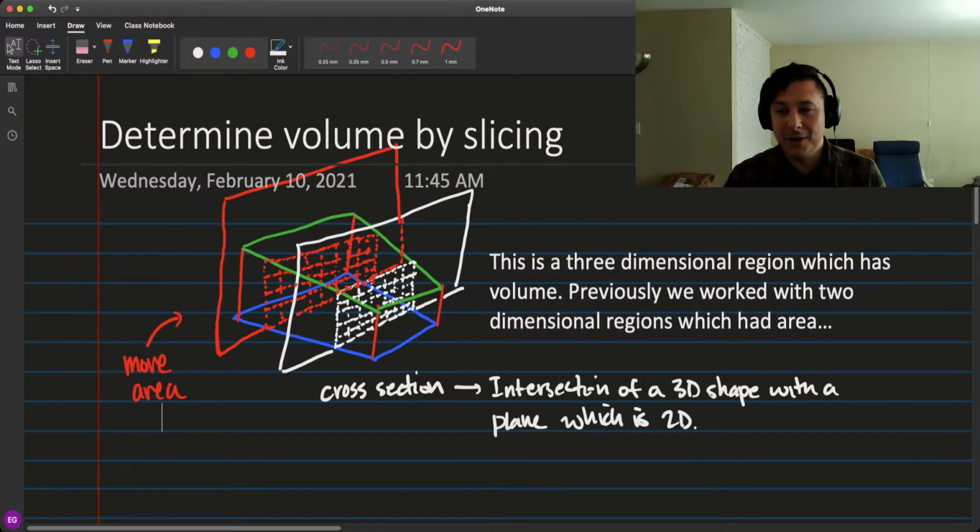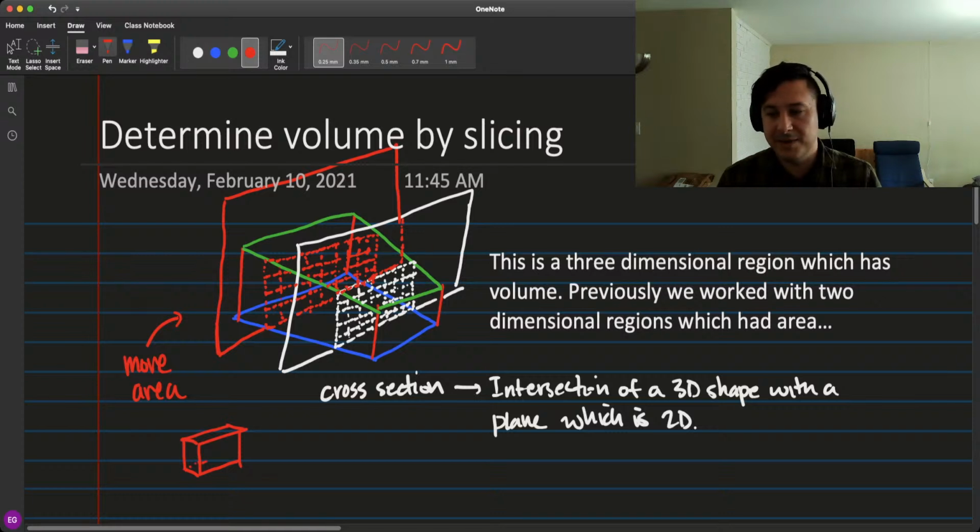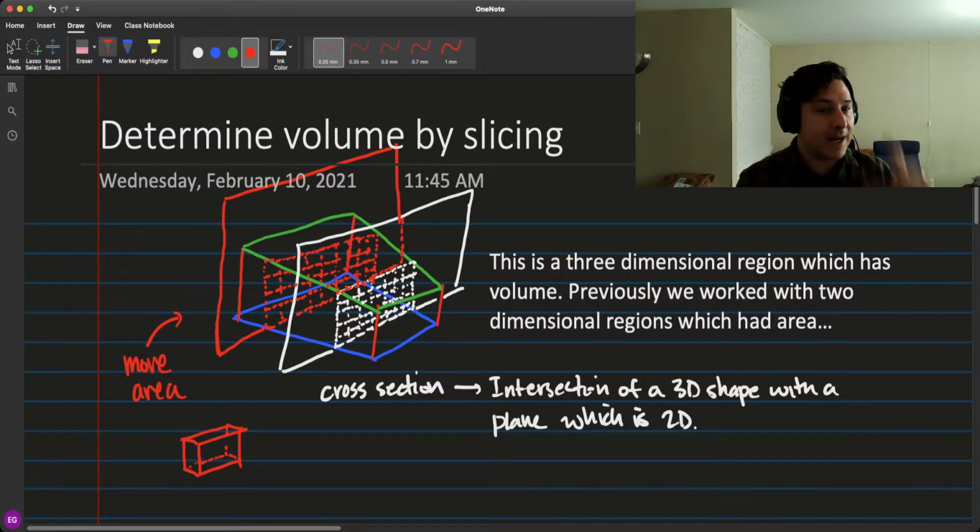Now, instead of adding together rectangles, we're going to add together rectangular prisms, because these rectangular prisms have areas.